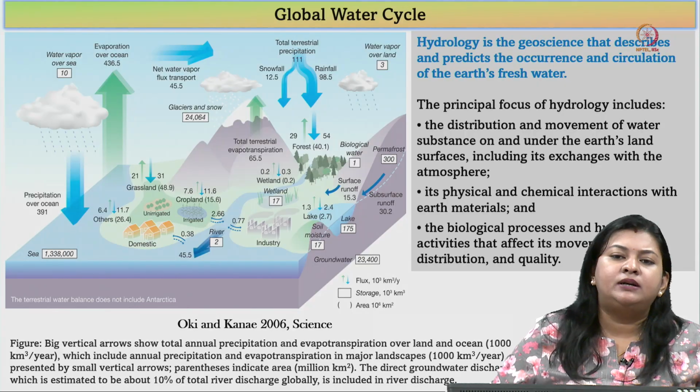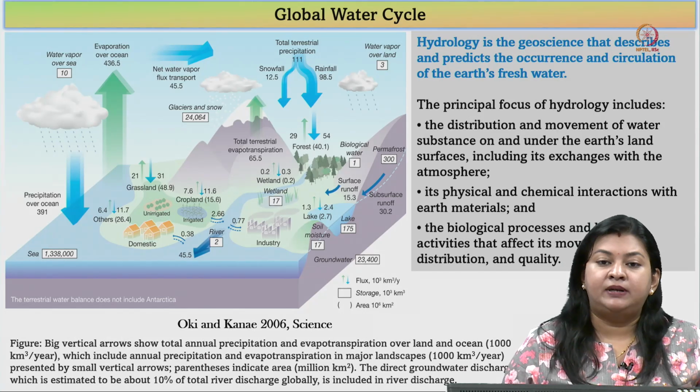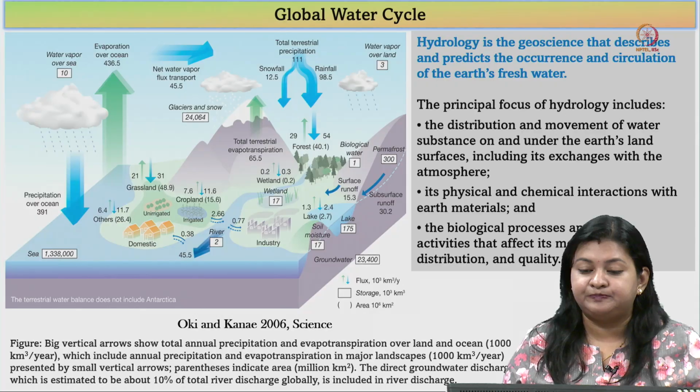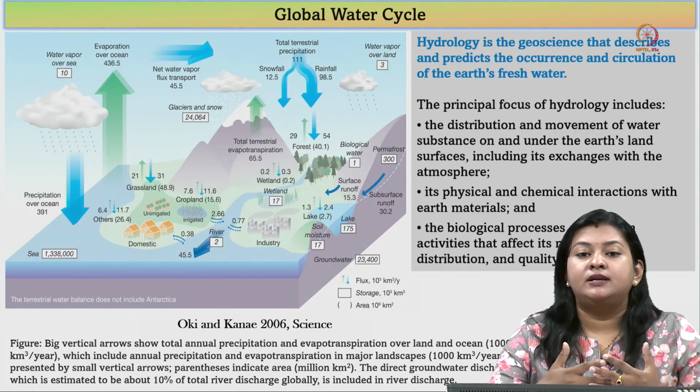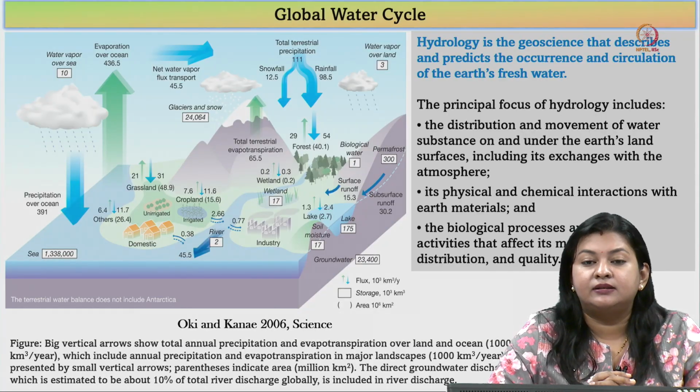Okay. There are multiple processes acting and multiple forms, and multiple aquatic systems are formed in that process. So, this is the global water cycle that discusses the transformation and movement of water across the globe.